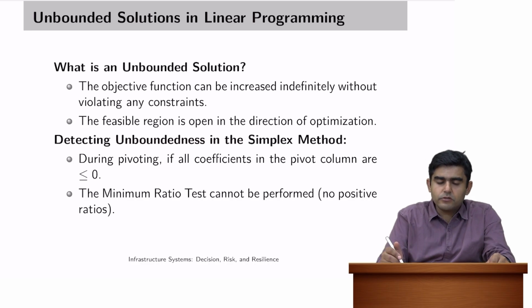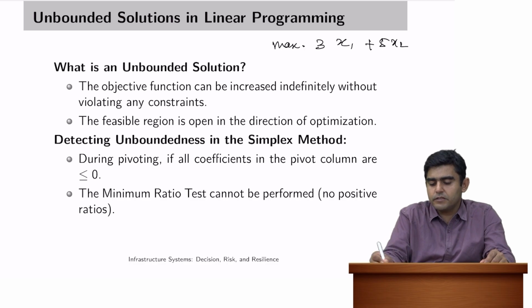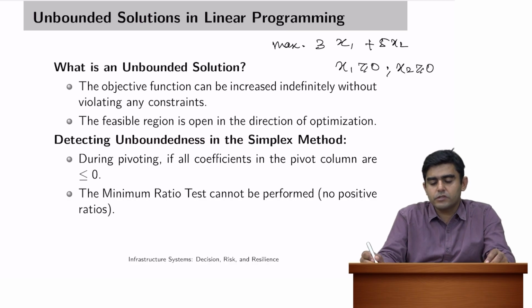Sometimes what can also happen is that we may have an unbounded solution in a linear programming problem. One simple way to think about this is, let us say you have to maximize 3x1 plus 5x2, and you are only given the constraints that x1 should be greater than or equal to 0 and x2 should be greater than or equal to 0, and no other equality or inequality constraints are given.